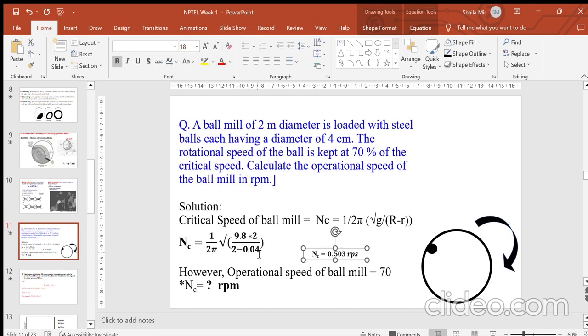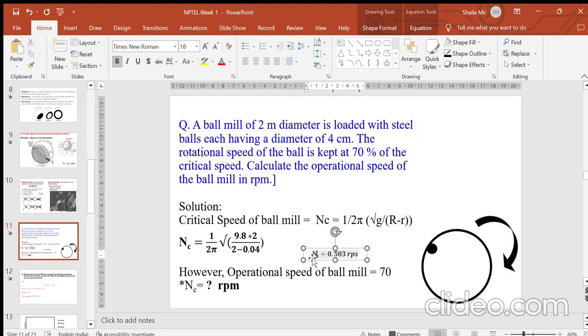Are you sure it's 0.53 RPM? Because remember that we are doing 9.8 into 2, where 2 is the mill diameter. So first I'll just write here.